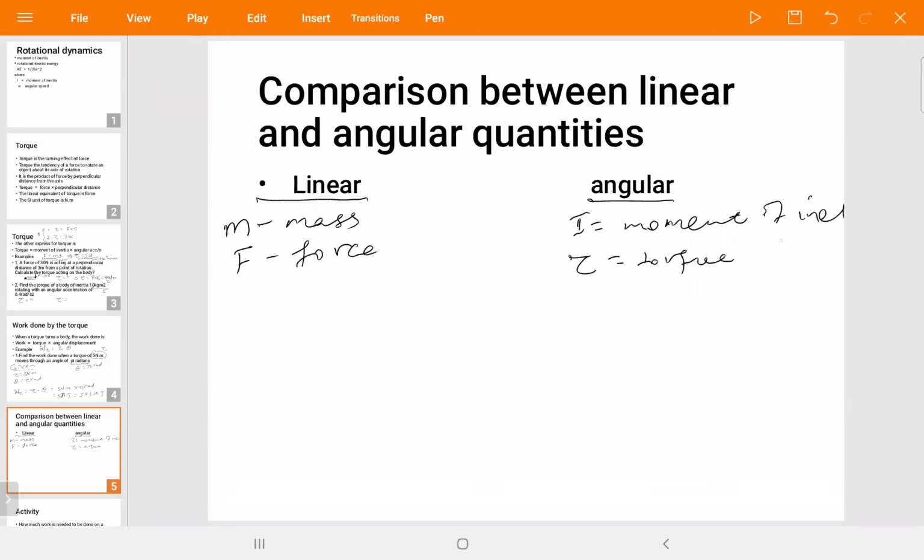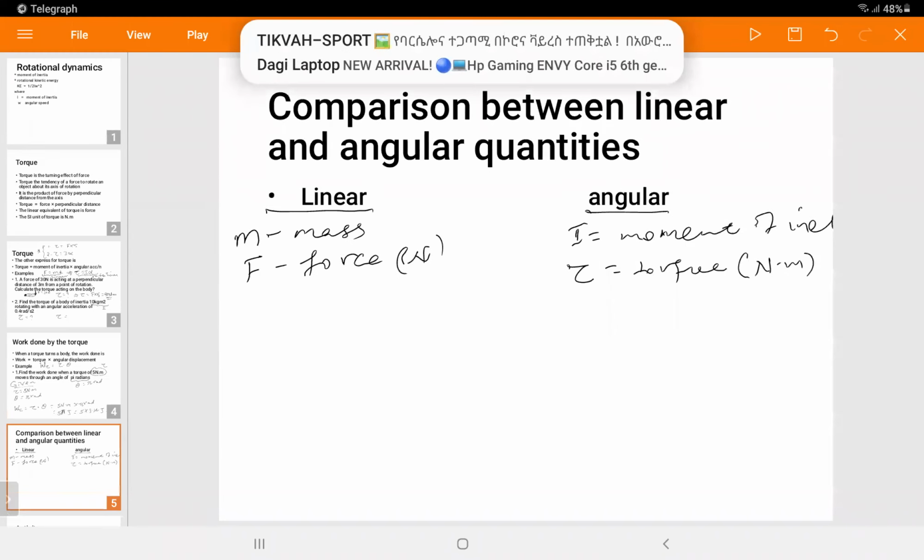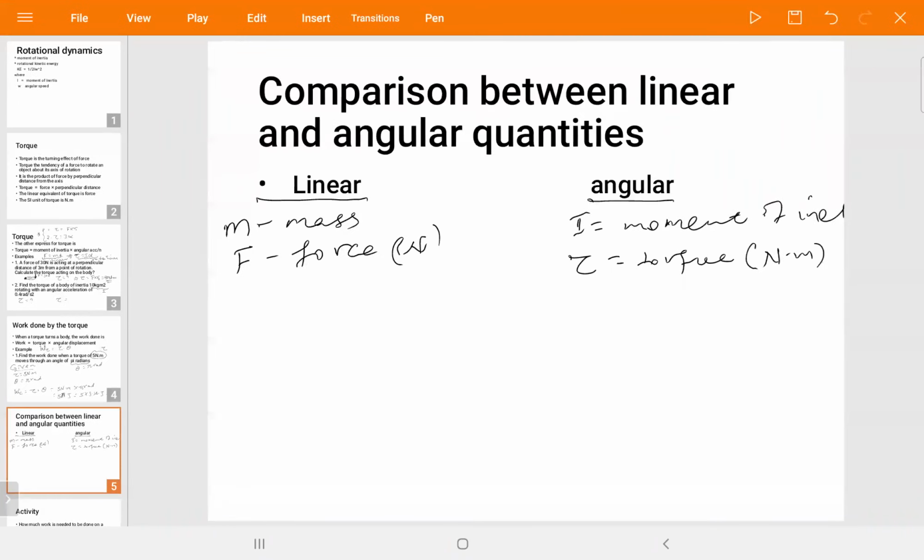They have different units. For force it is simply Newton. Another is linear kinetic energy, which is 1/2 mv square, and for rotational it is rotational kinetic energy, which is 1/2 I omega square.